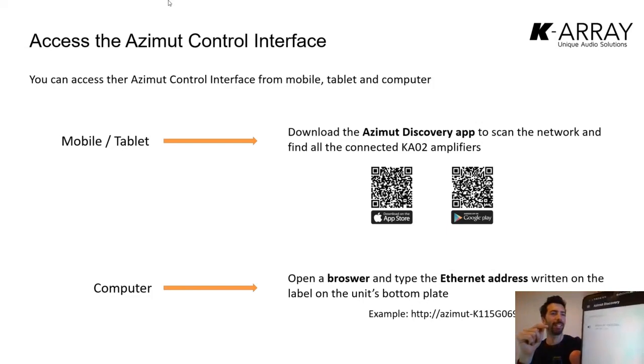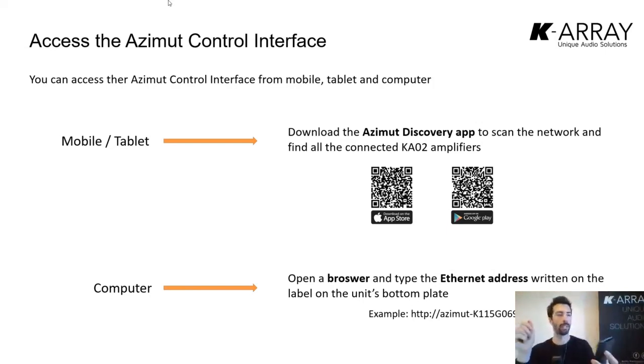Yeah, anyway, it found my amp. I click on that amp. I have only one here at home, and I'm inside the app. Okay, now I'm inside the Azimuth control interface, which is the web page to set up the amplifier. And now I can adjust the volume and do everything.